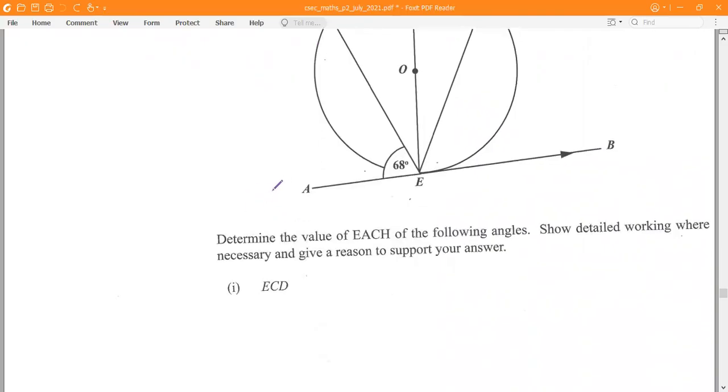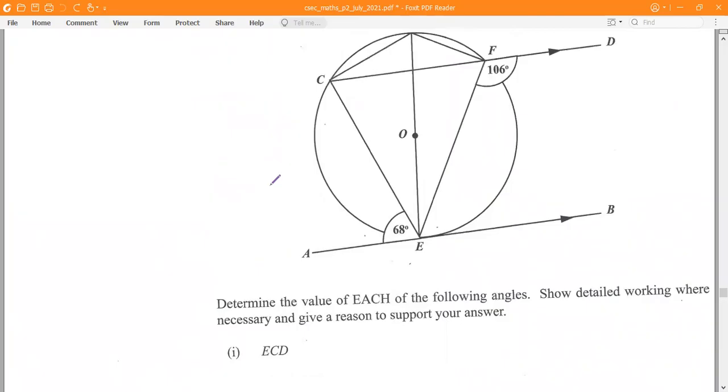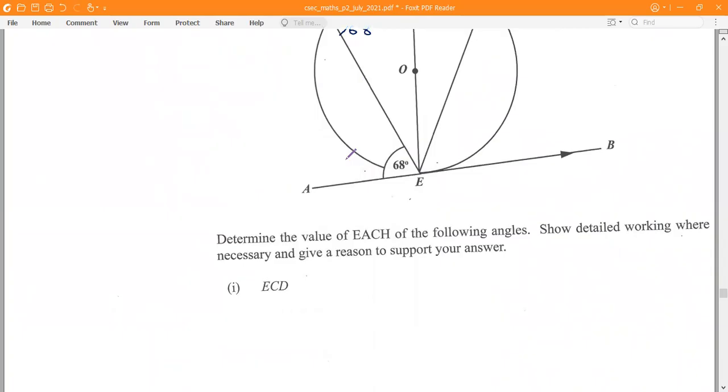The first angle is ECD, which is this angle here. We use the rule that alternate angles are equal. So this angle has to also be 68 degrees since it is an alternate angle with AEC. So ECD is equal to 68 degrees.